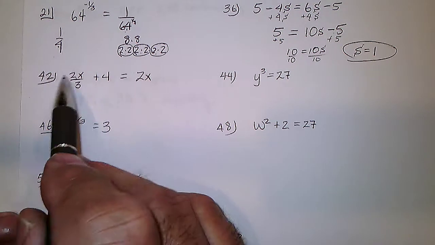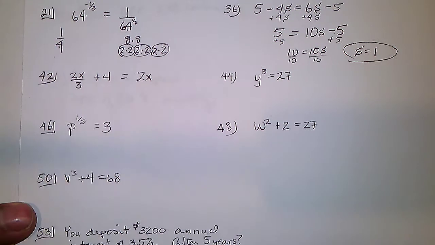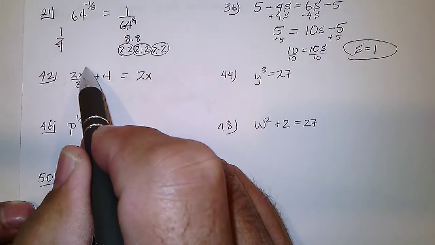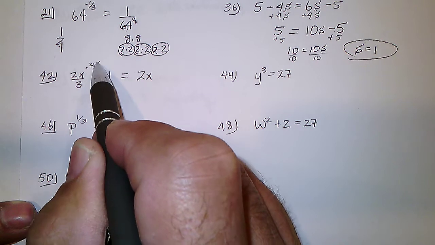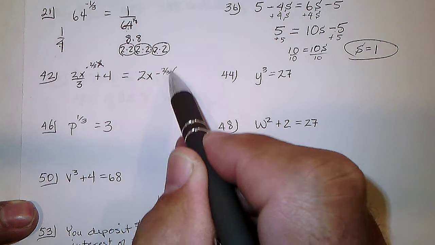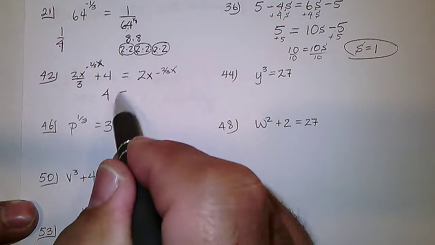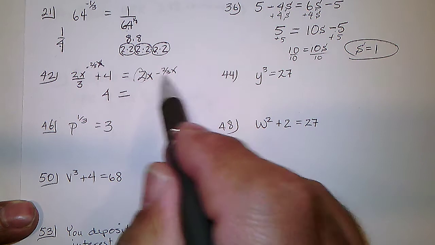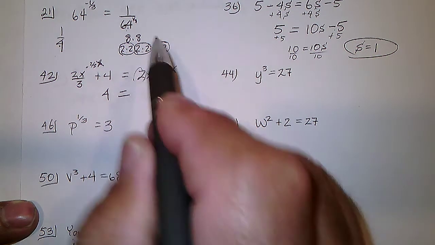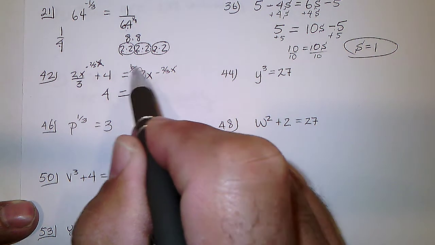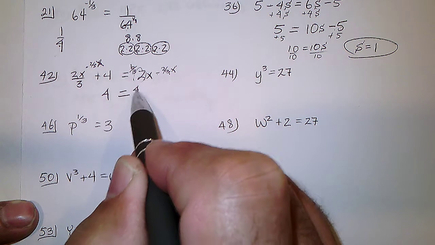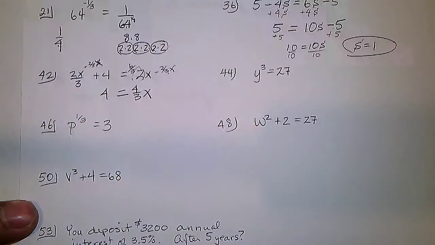This one, because it's like 2/3 x, that bothers people, but it's still just a number. So I would subtract 2/3 x from both sides. So I have 4 equals, now 2 x's minus 2/3 of an x, I would need to get a common denominator. 2 is 6/3, so 6/3 of an x minus 2/3 of an x is 4/3 x.